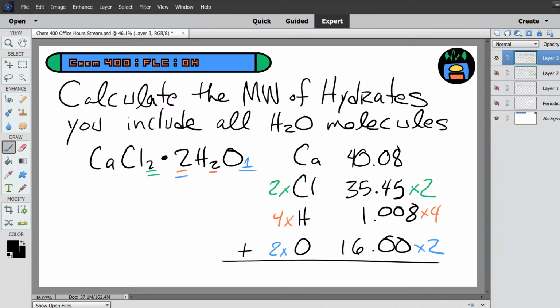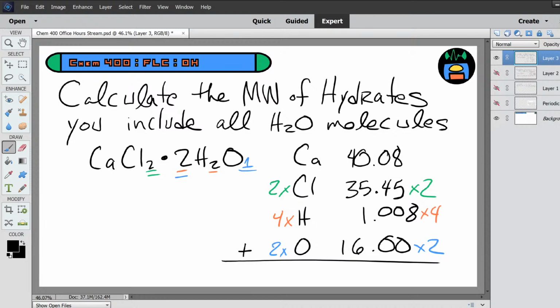And this is how you would calculate. You include all the water molecules in your molecular weight. So we have 1.008 times 4, plus 70.9, plus 32, plus 40.08.